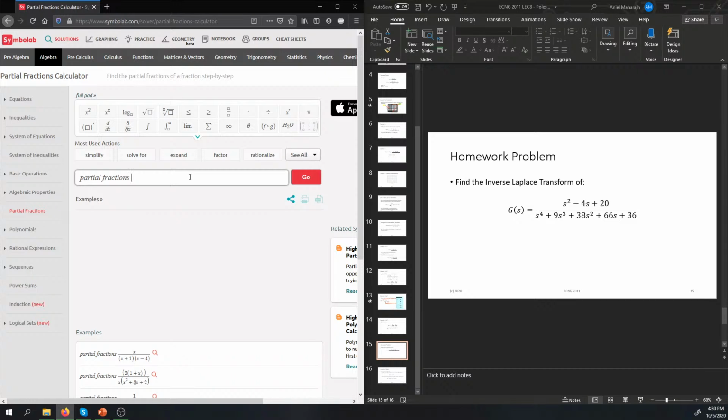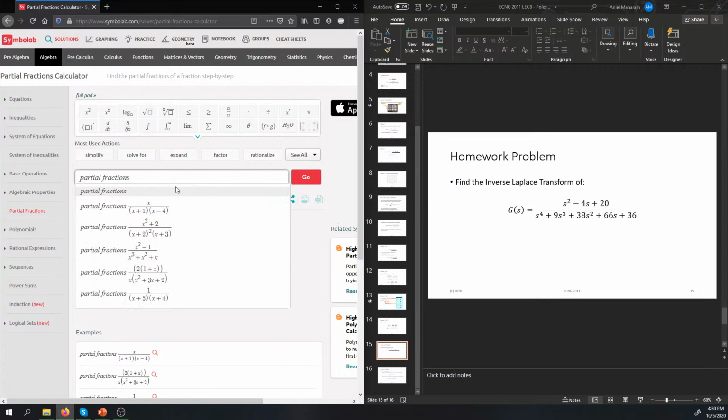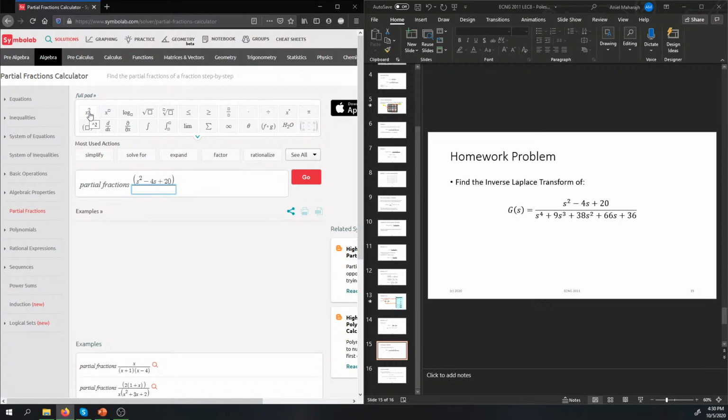In doing our partial fraction solver, if we say, okay, we're going to do this being s squared, 4s plus 20, divided by s to the power 4 plus 9s to the power 3 plus 38s squared plus 66s plus 36.